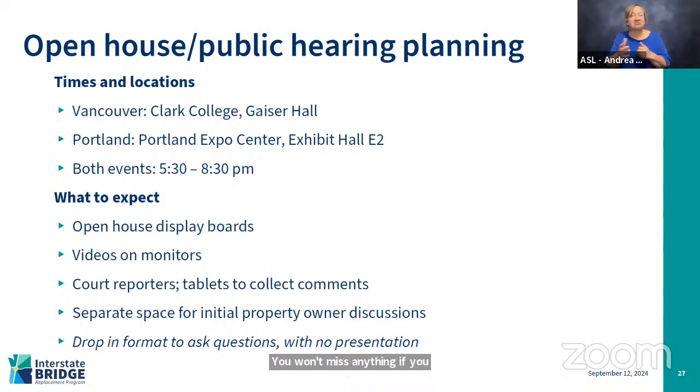And as I noted, display boards will also have some educational videos running on loop, and you can watch those. We will have, again, court reporters and tablets to collect comments, and we will have an area of the room in both locations where folks can talk to our staff about any property impacts. We are sending out letters to people who may have property impacts, and this is an opportunity they can also speak with staff. Next slide.